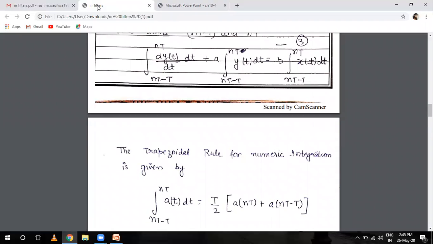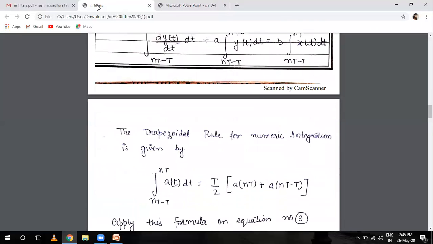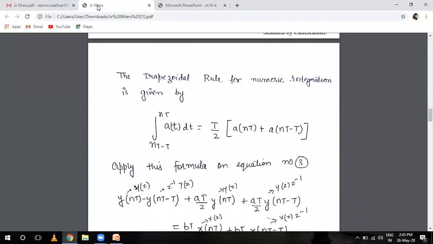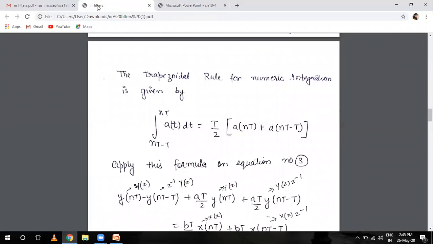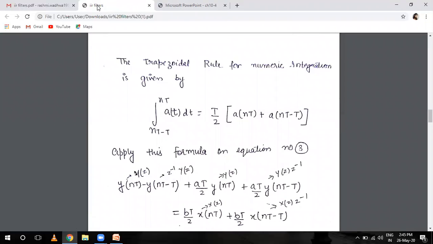So the trapezoidal rule for the numeric integration is given by this. ये हमारे पास न्यूमेरिकल मैथ्स में ट्रापेजोइडल रूल होता है फॉर न्यूमेरिक इंटीग्रेशन के लिए. So the integration of a(t) dt from nT minus T up to nT is equal to T by 2 [a(nT) plus a(nT minus T)].